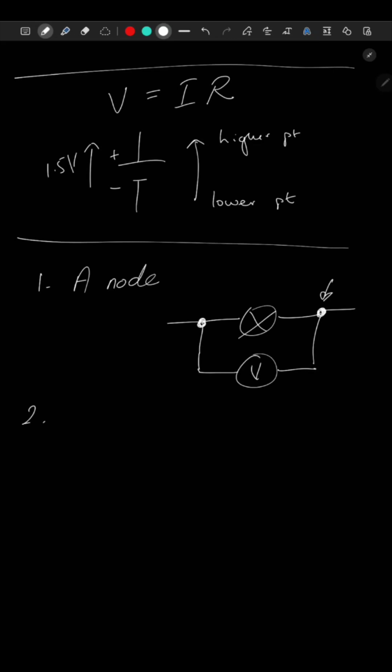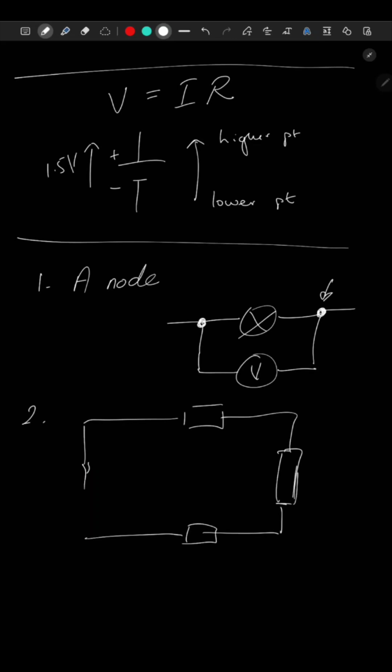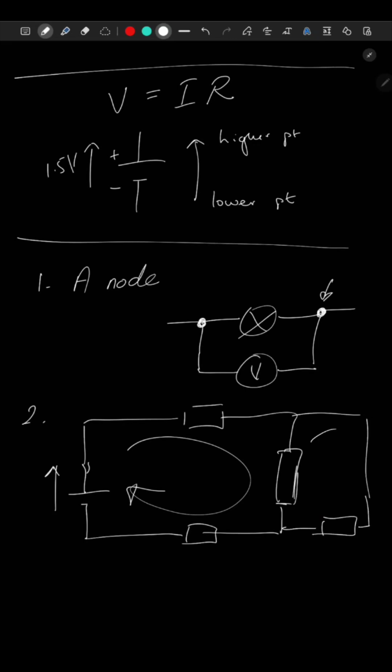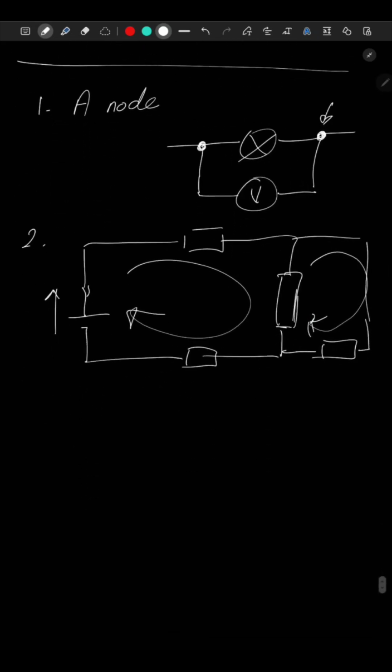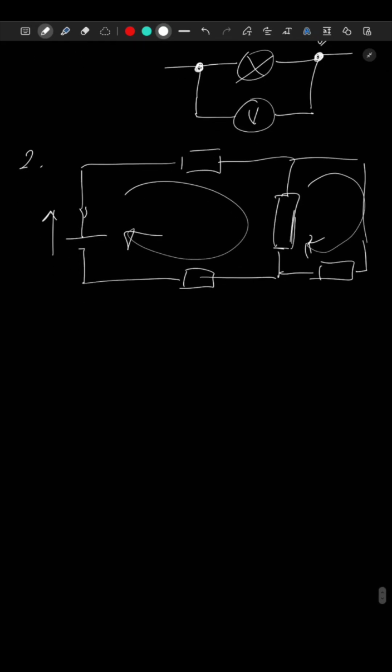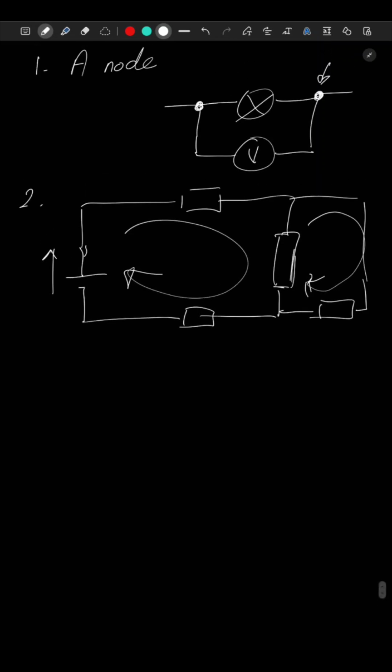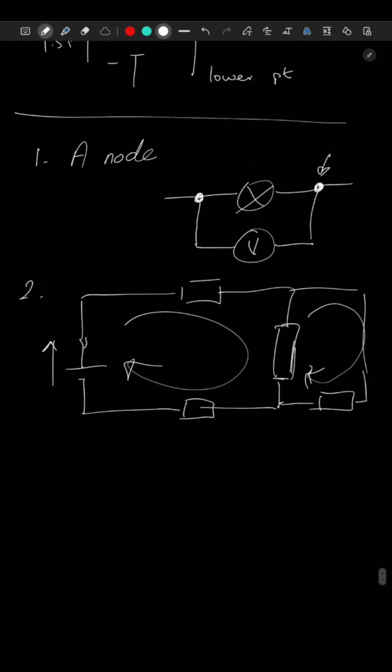A loop is a closed path in a circuit. So this is a loop. It is a closed path. I can have another loop over here. This is another loop. It is a closed path in a circuit in which no element or node is encountered more than once.